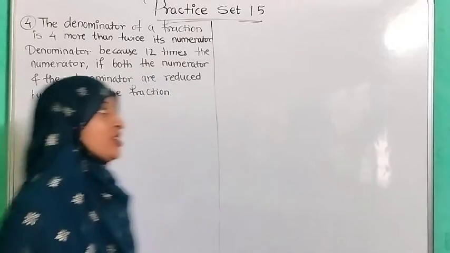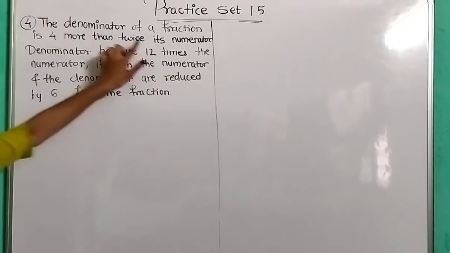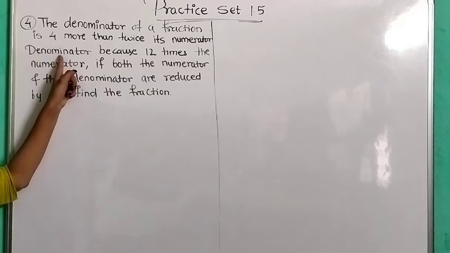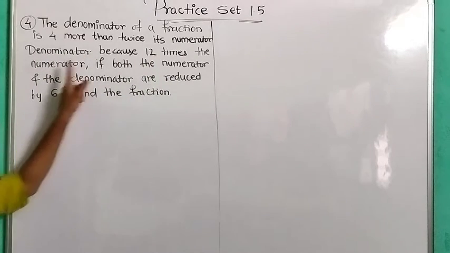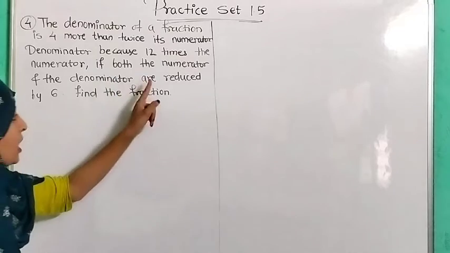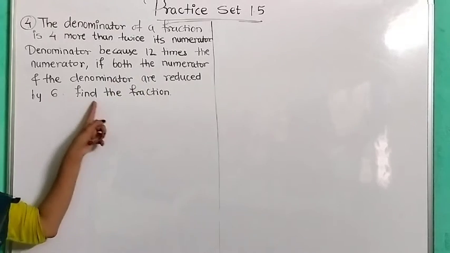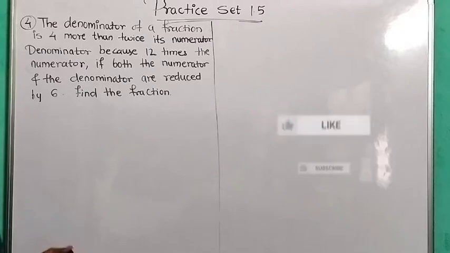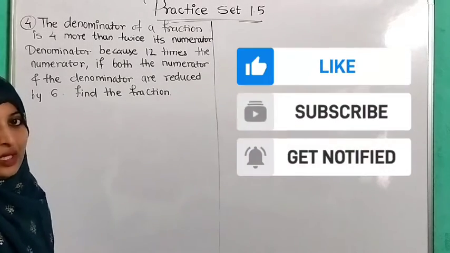Now the fourth question is, the denominator of a fraction is 4 more than twice its numerator, and the denominator becomes 12 times the numerator if both the numerator and the denominator are reduced by 6. Then find the fraction. We have to find the fraction. So now let us consider the numerator and denominator.